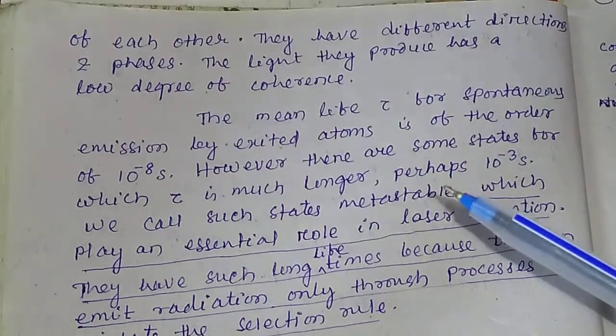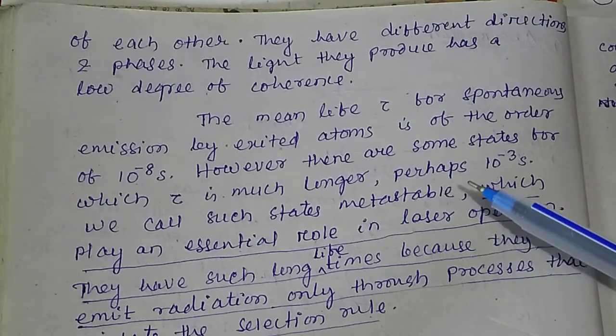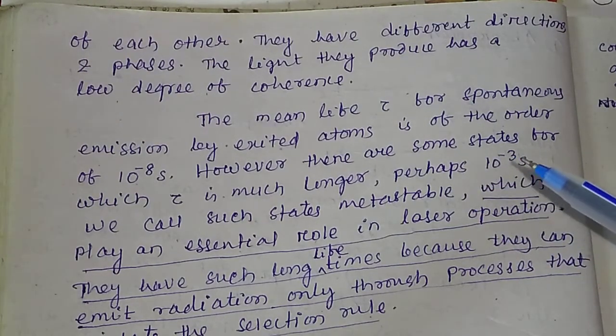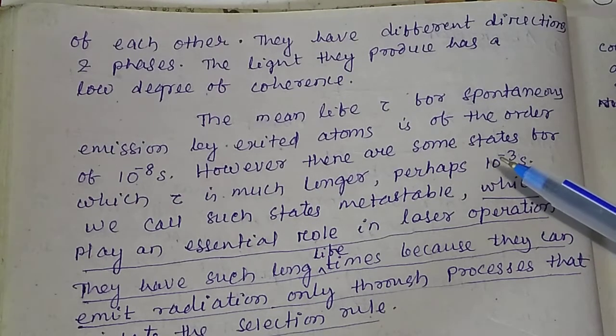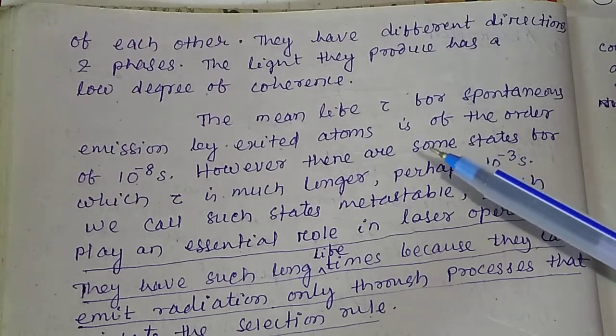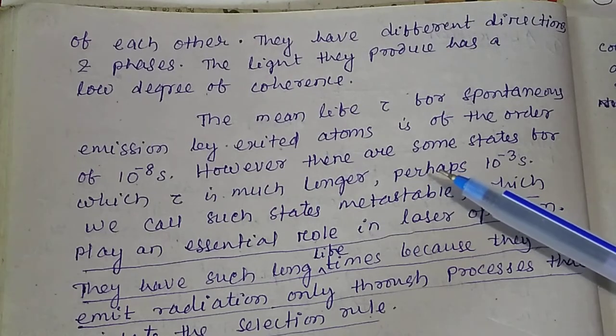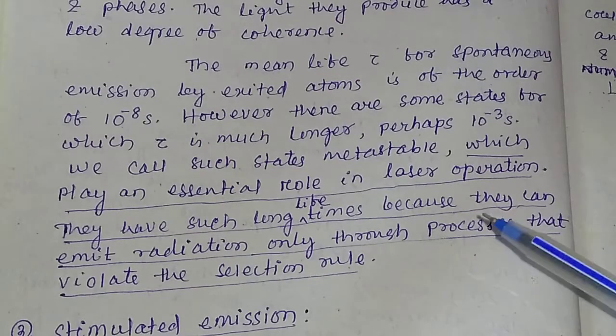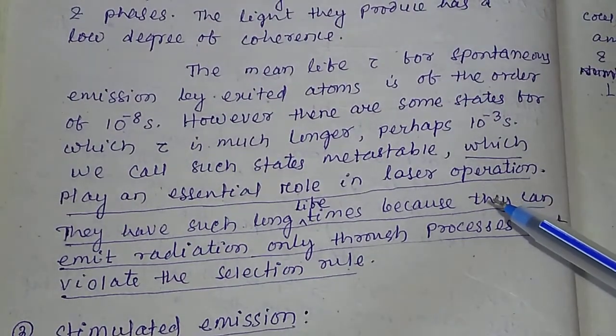If a question comes, what is metastable state, you have to write that the state in which the atom stays excited for this order of time is called the metastable state of that atom. Why is the metastable state so important?